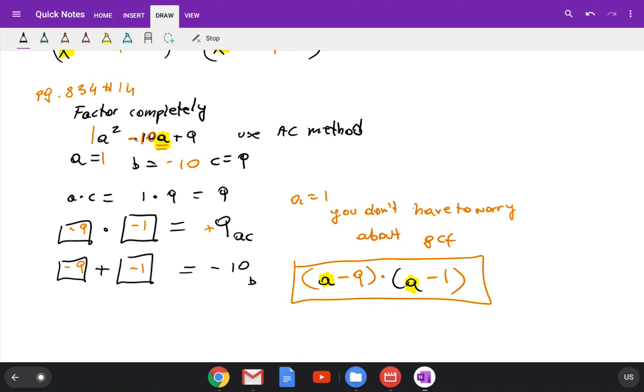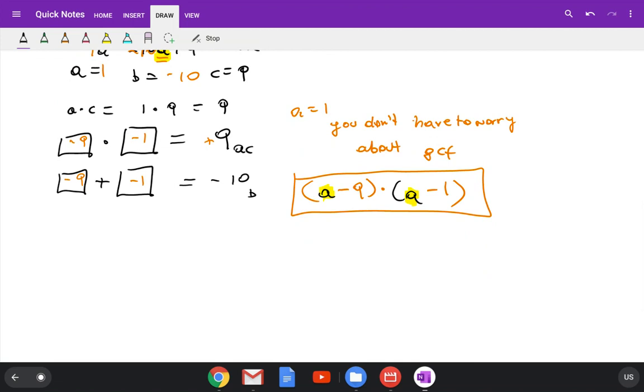Okay. Next one for the review was page 835, number 32. So page 835, number 32. Okay, here you need to factor completely.